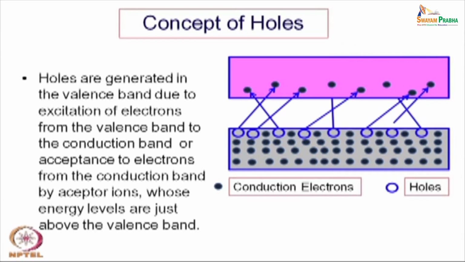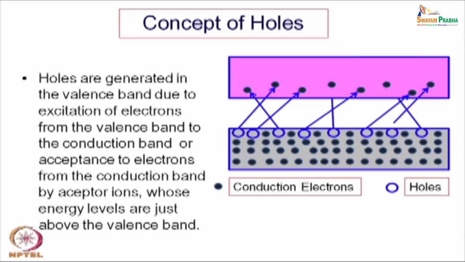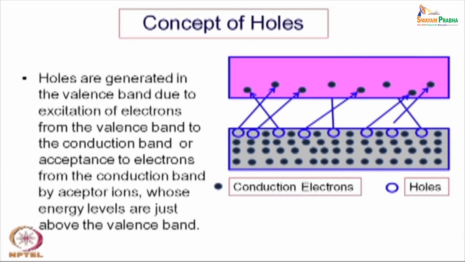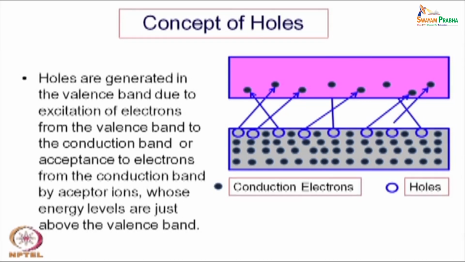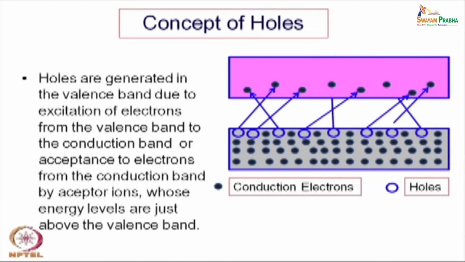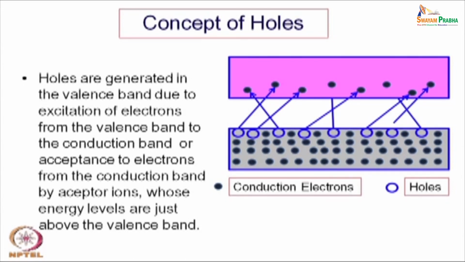But when we talk about band gaps, then another concept comes in, the concept of holes. The holes are generated in the valency band due to excitation of the electrons from the valency band to the conduction band, or acceptance of the electrons from the conduction band by the acceptor ions.